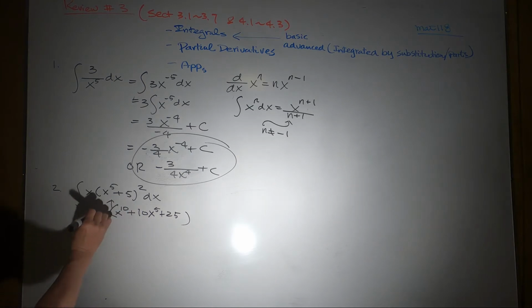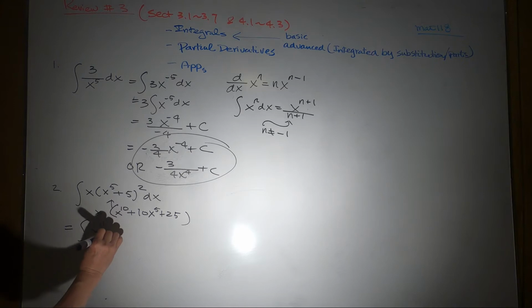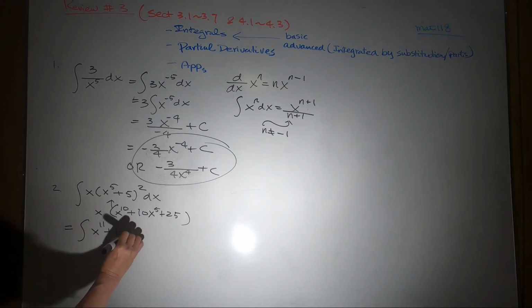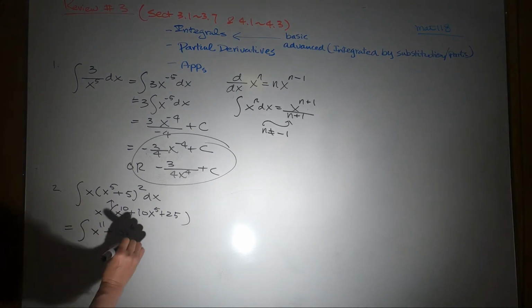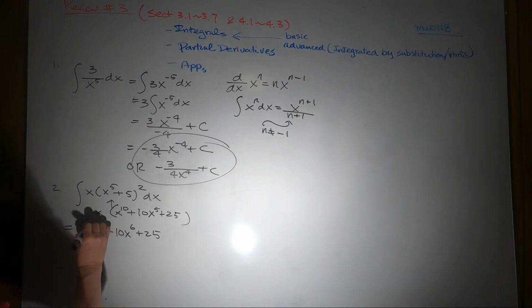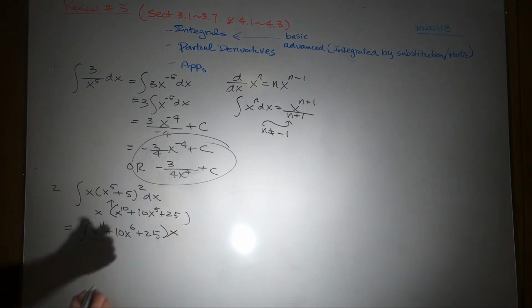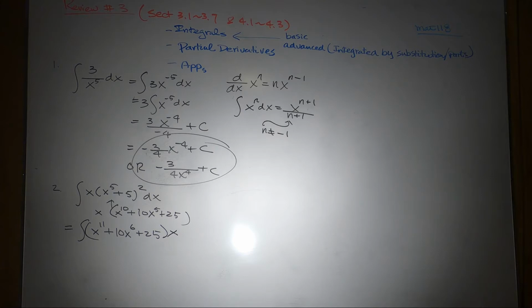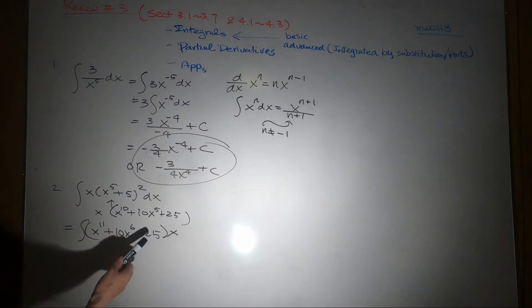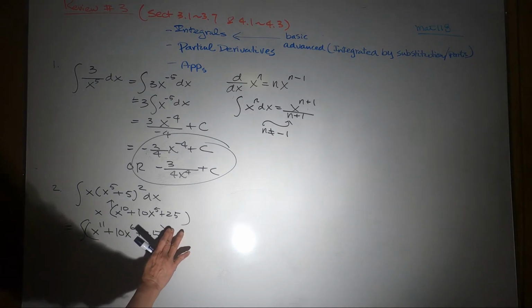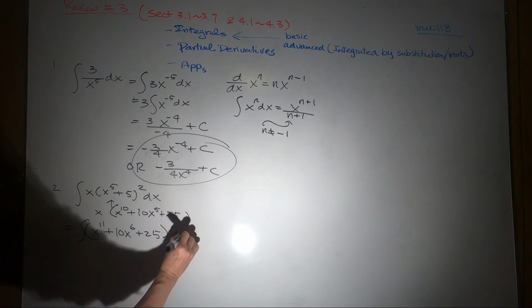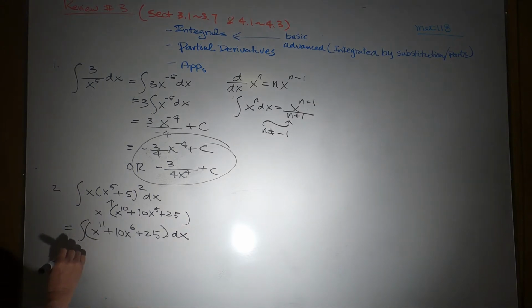Then times x, so we'll have x^11 plus 10x^6 plus 25x, right? Then you use the sum and difference rule. Oops, that's dx. Right? You do it individually.